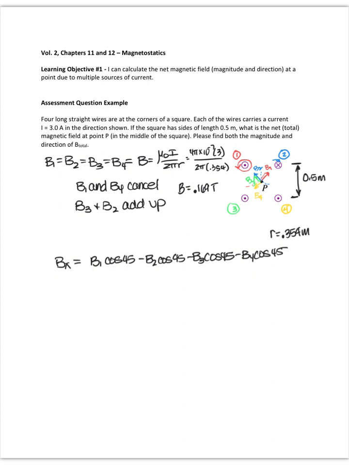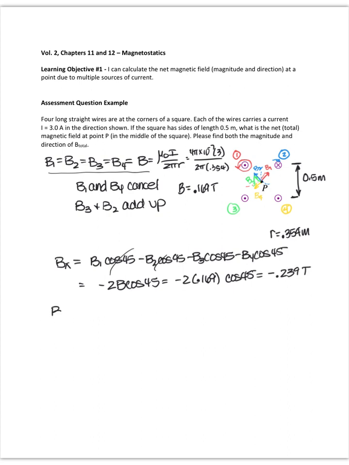Because all the B's are the same, remember that, I could just make these two cancel out, and I'm going to get minus 2B cosine of 45. So I get minus 2 times the 0.169 times the cosine of 45, and that will give me a net magnetic field in the x direction of minus 0.239 Tesla.